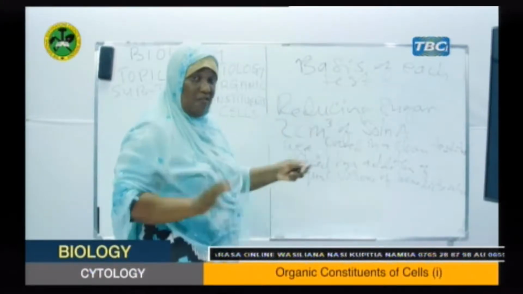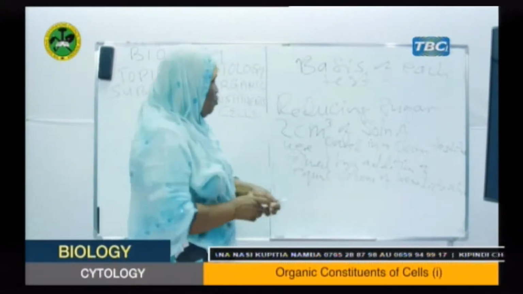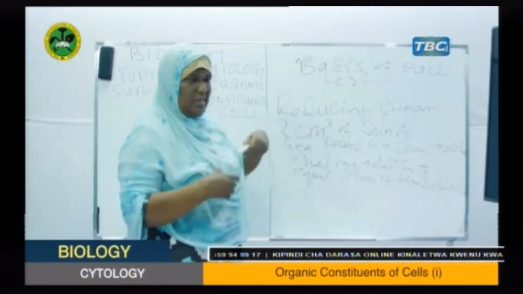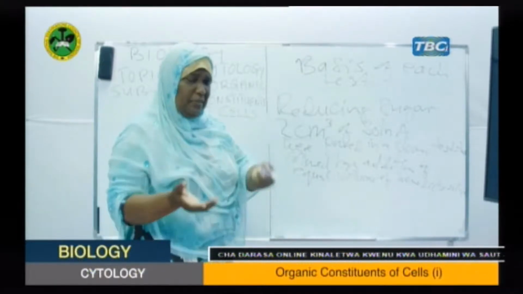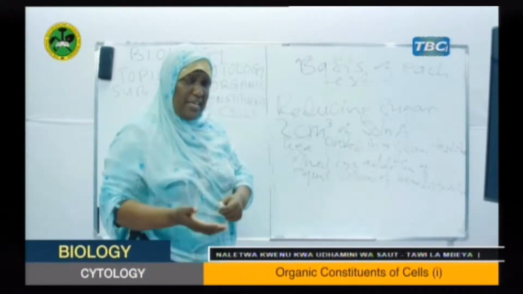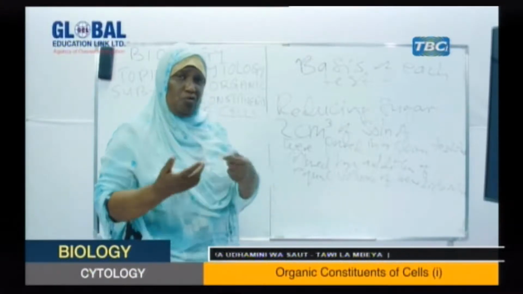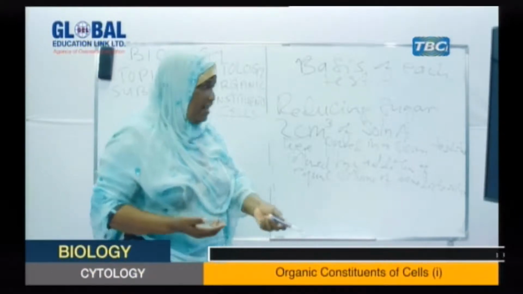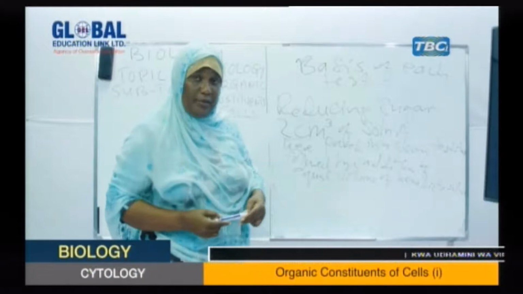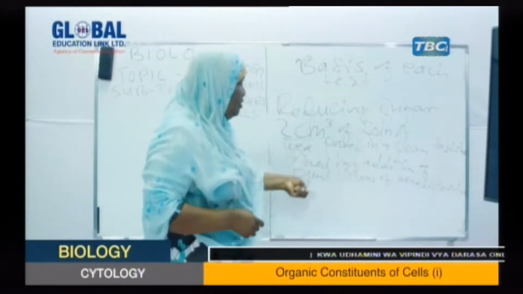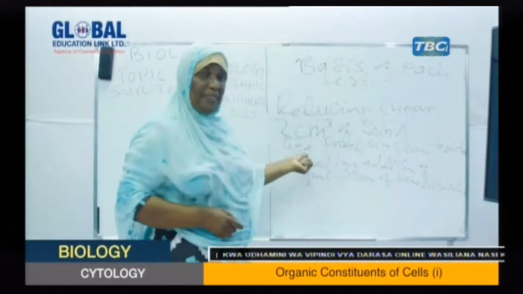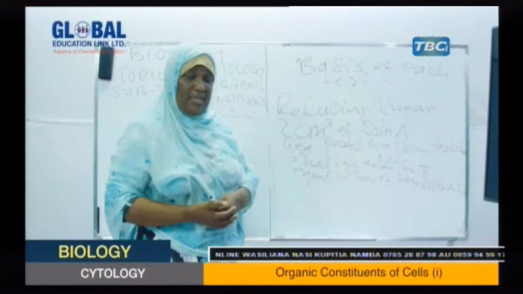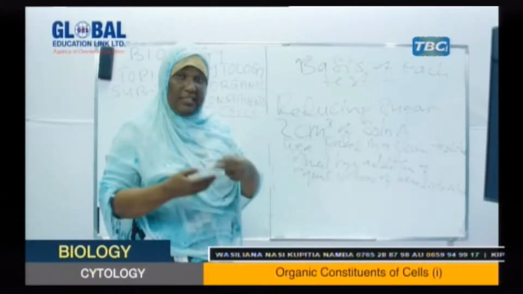That is the procedure. You are familiar with it. Equal volume means you are referring to this volume. You can say equal volume, or you can specify the volume by saying followed by addition of 2 cubic centimeter of Benedict's solution. After adding, you are required to boil. Then the mixture was boiled. You know that.